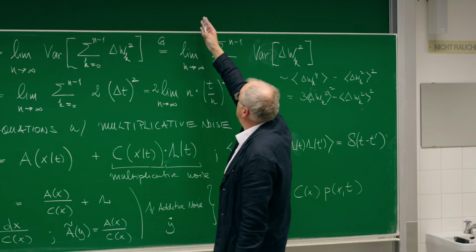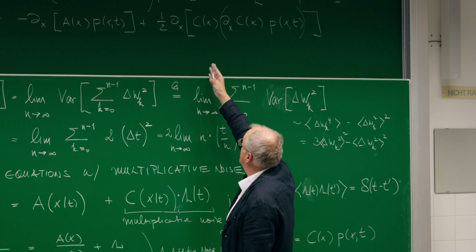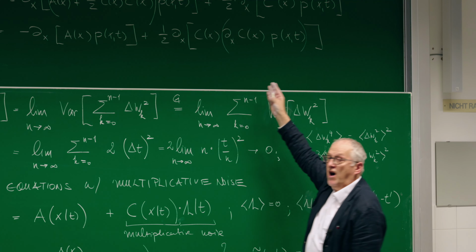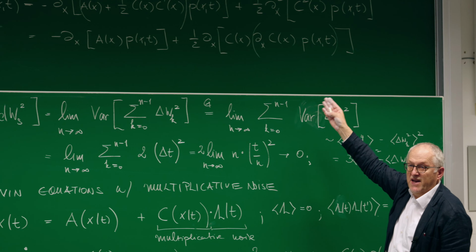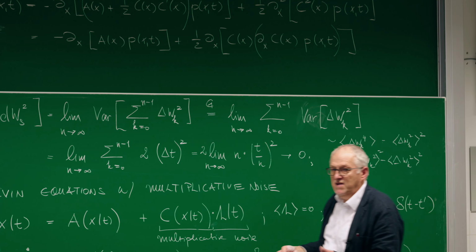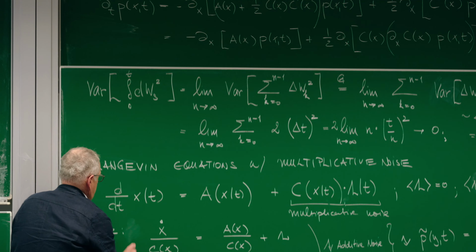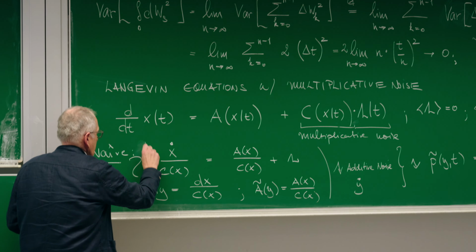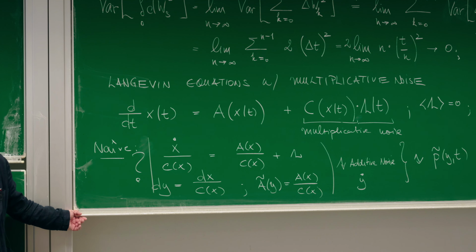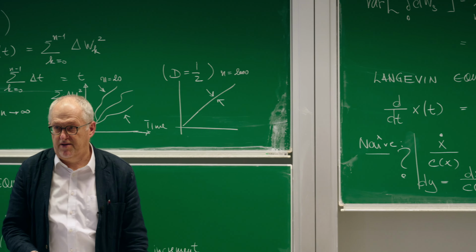You have half of it next to the first derivative, and half of it next to the second derivative. And that's just what you get by naive calculation. Question is, is this right? Or under what condition is this naive calculation correct?